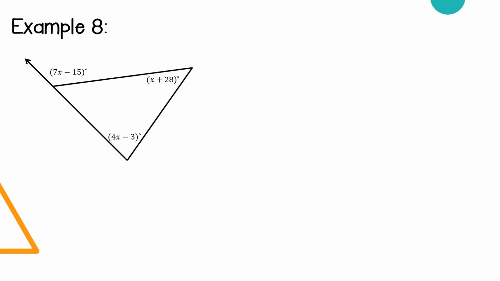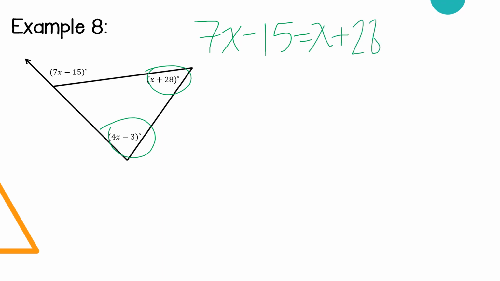The last example is very similar to example 7. Our exterior angle is 7x minus 15. That should equal the sum of our remote interior angles. So that's x plus 28 and 4x minus 3. You can go ahead and combine like terms if you want to before writing it out.